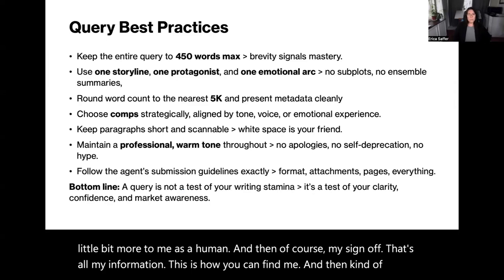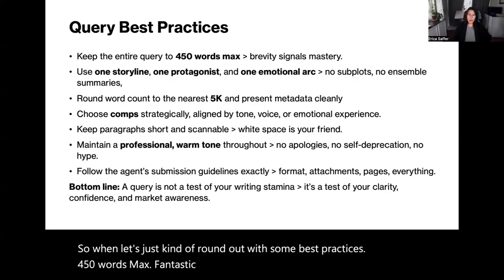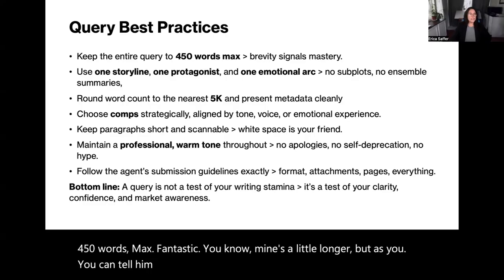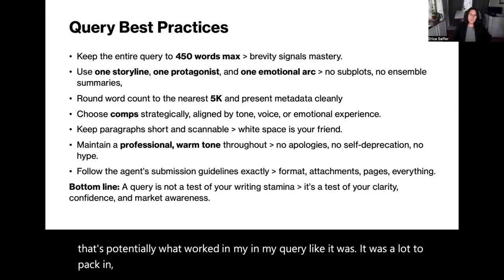So let's just kind of round out with some best practices. 450 words max, fantastic. Mine's a little longer, but as you can tell, I'm quite verbose. Brevity signals mastery, and I think that's potentially what worked in my query. It was a lot to pack in, but my brevity gave me allowances there that I'm sharing with you.